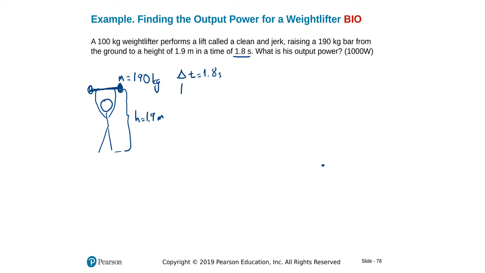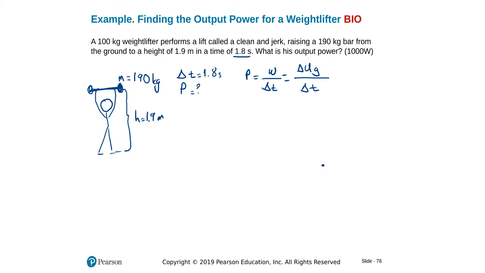What is his power? The guy will be doing a work, right? That work divided by the time it takes for him to do that work is equal to the power he has, and his work is equal to change in potential energy. In this case, divide that by the time, we'll have the power.